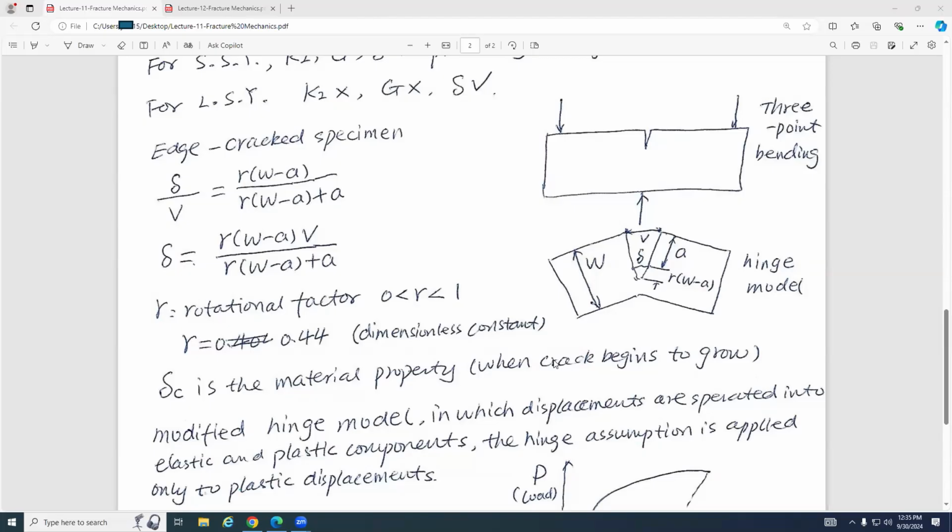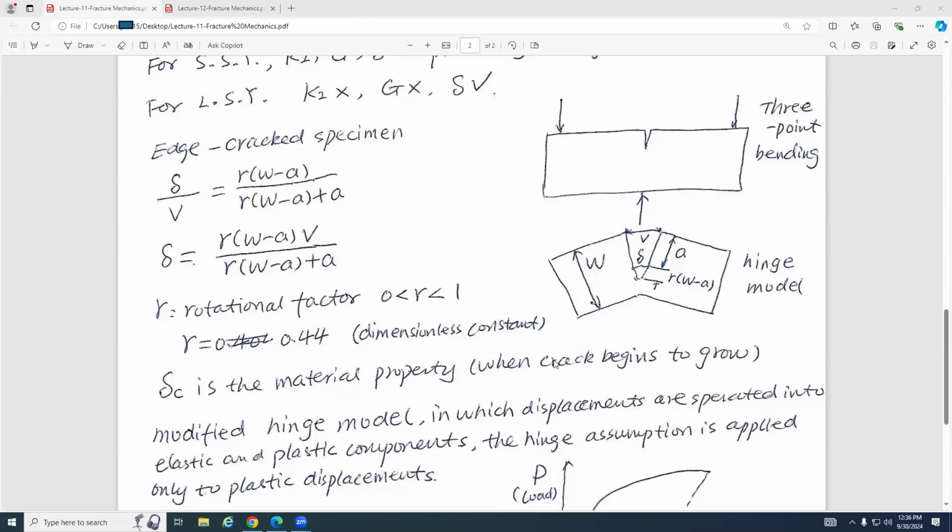And for simplicity, I only draw the half. So this is a half V, and here is the half delta. You guys agree? So here, if I extend this one, let me use the red color.